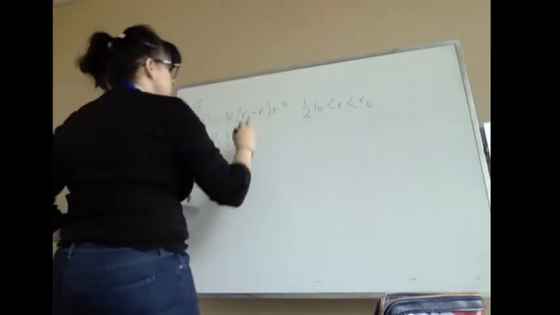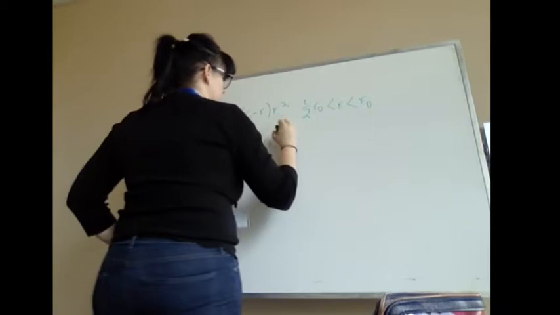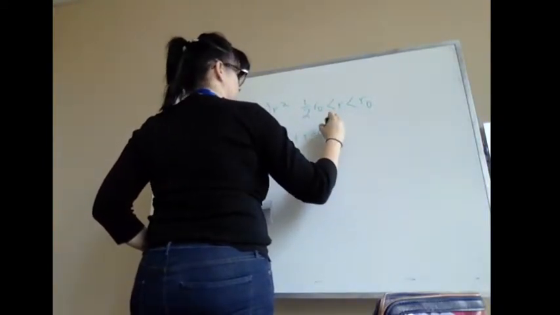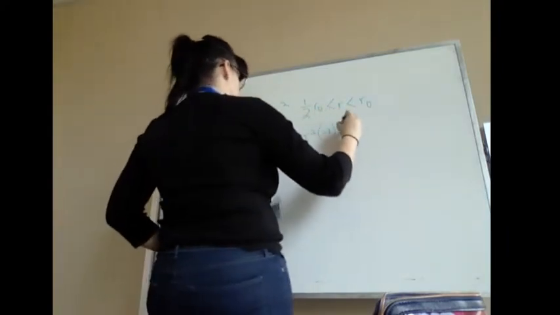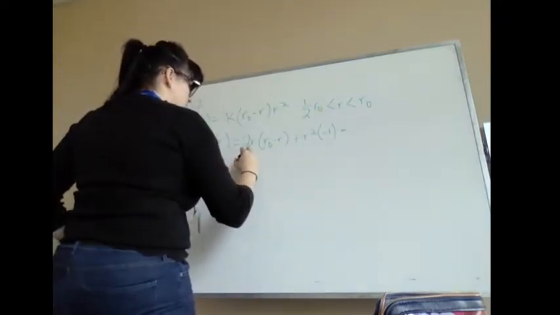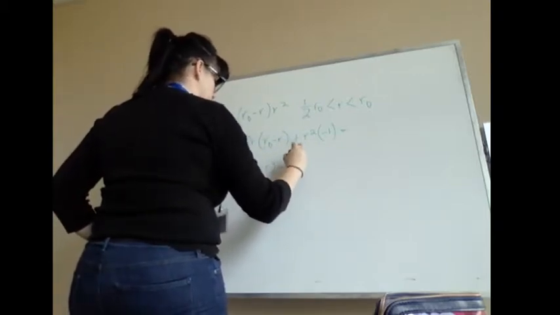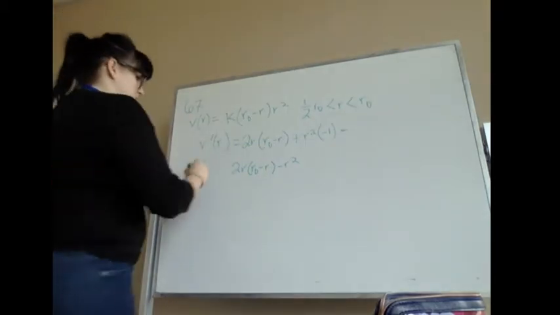So you have 2r times (r naught minus r), plus r squared times negative 1. So 2r(r naught minus r) minus r squared. So far, so good? Good.